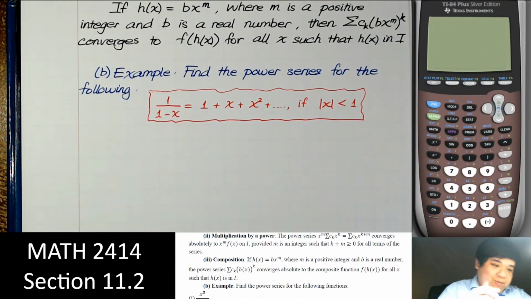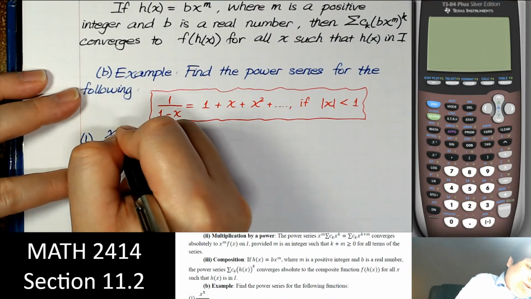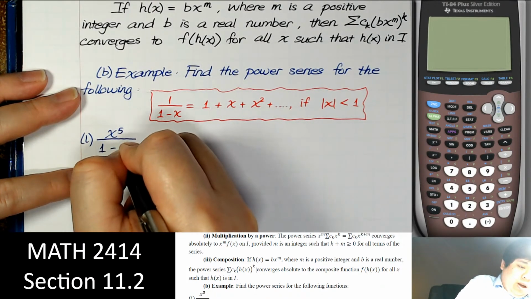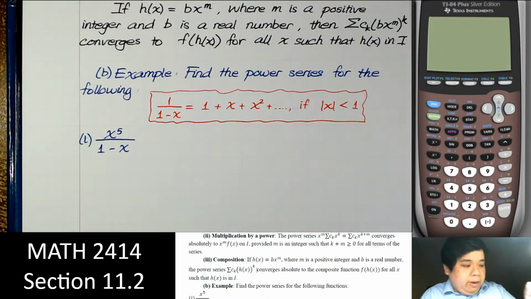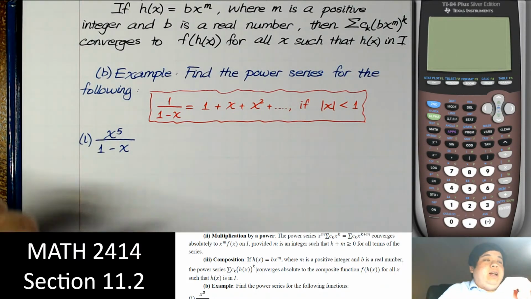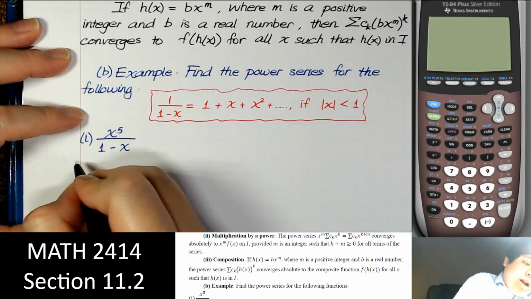Now we have a problem: x to the 5th over 1 minus x. So what's that equal to? Now this is actually bad.